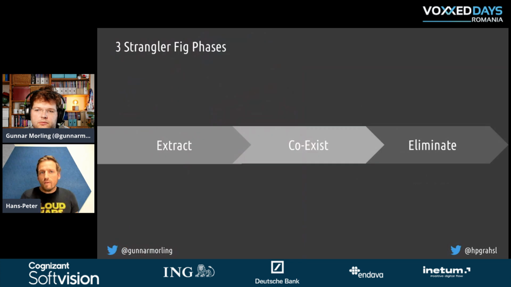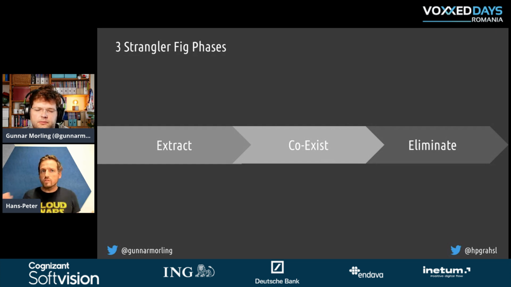On a very high level, this Strangler fig pattern is composed of three phases. First, you would decide which part or which parts of the functionality of your existing system you want to extract, for instance into a separate microservice. Then, having one or multiple services extracted while you still have some functionality in the monolith, you need to find a way that this can coexist.